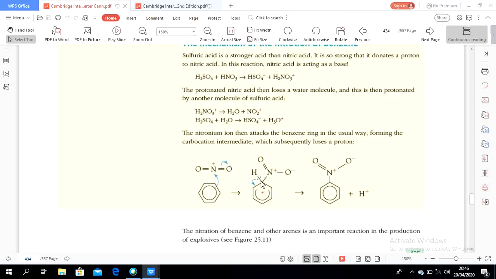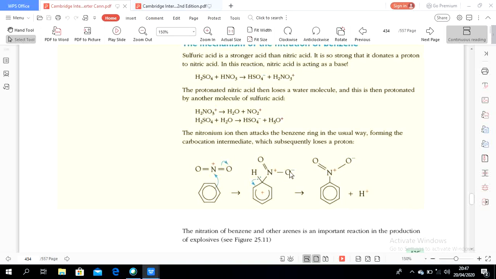Then it makes the hydrogen go out. The electron is being taken by the benzene, the pi electron. And then this one, N plus, we know that the electron is already taken by the oxygen.